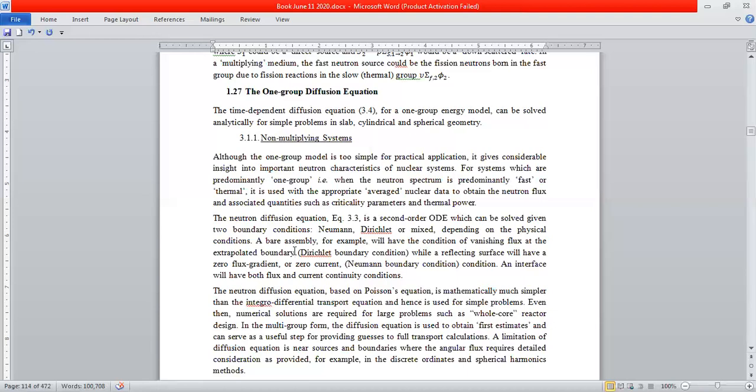At a few feet or maybe a few inches outside the wall, it's going to drop down to zero. So that is what we call the Dirichlet boundary condition, that the neutrons that are leaving your outer boundary, which in this case is a bare assembly, so it's just the surface of the assembly. So this will have the condition of vanishing flux either at the physical boundary or at the extrapolated boundary.